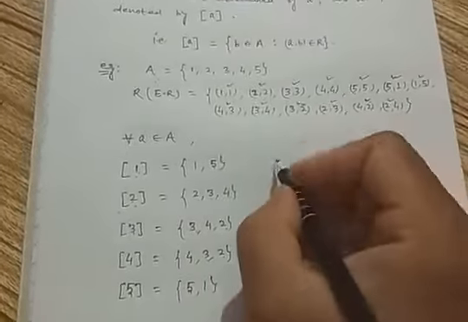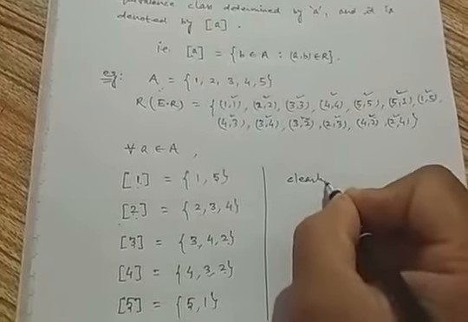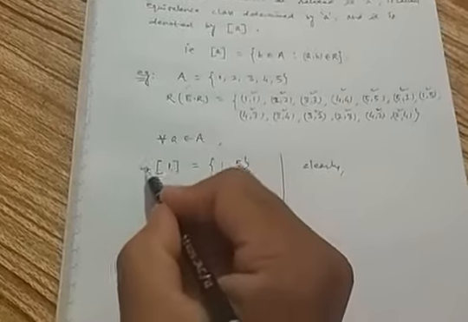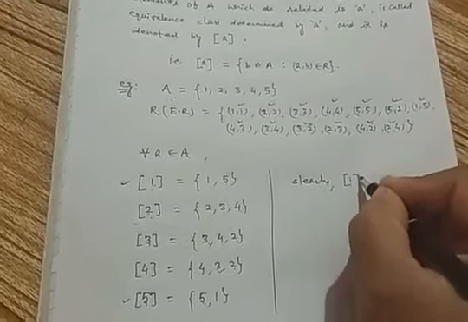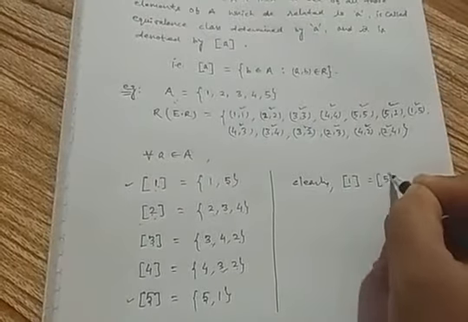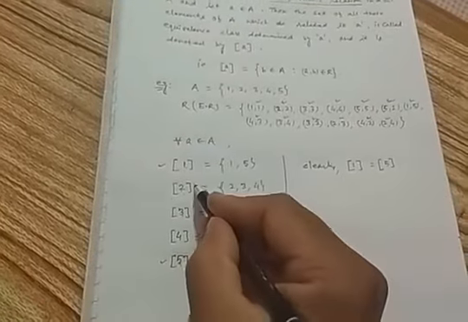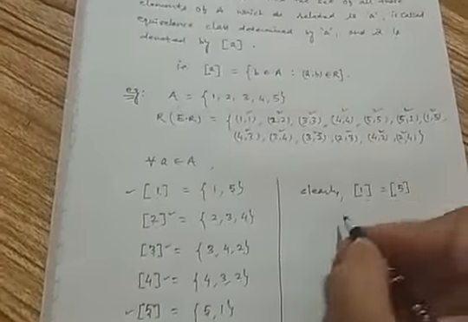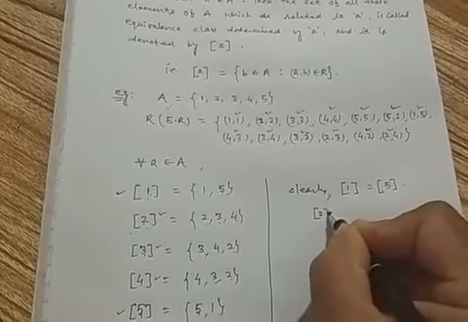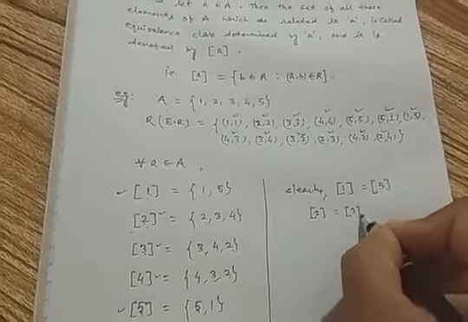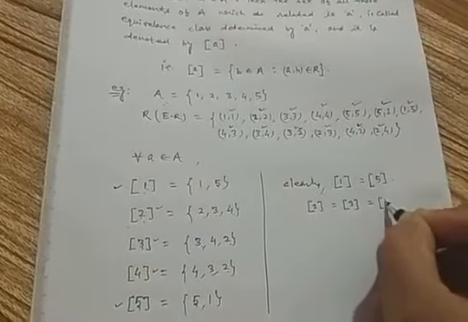Clearly, the equivalence class of 1 equals the equivalence class of 5, and the equivalence classes of 2, 3 and 4 are also equal: [2] equals [3] equals [4].